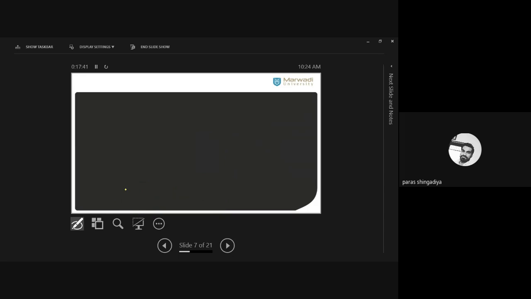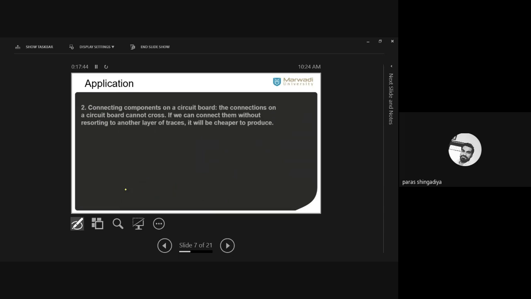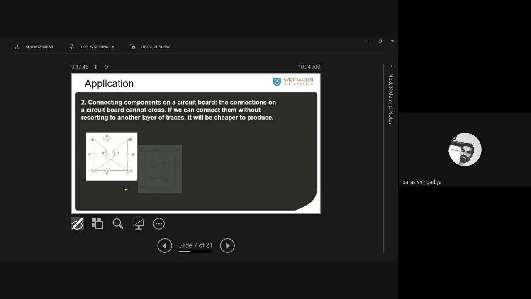Clear? And then after the second application that we consider here, an electric circuit example is given, showing why it is required in a circuit board. What is the importance of planar graph theory to the electric chip, circuit board and so on? One counter example is given here. That is an actual circuit.